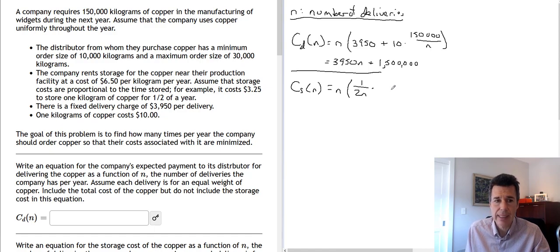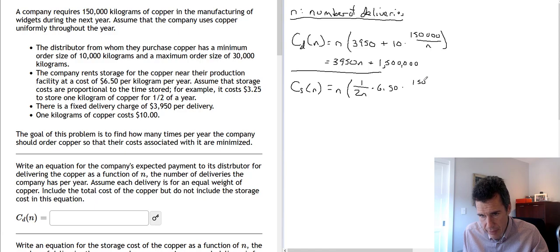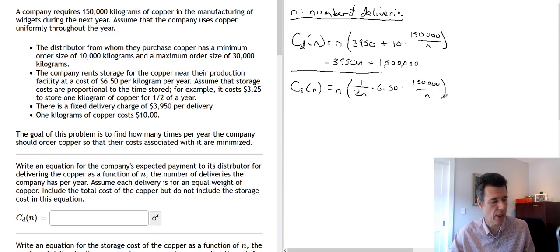It costs $6.50 per kilogram, and of course each delivery has 150,000 over n kilograms of copper. So this is our storage costs. I'll multiply this out.